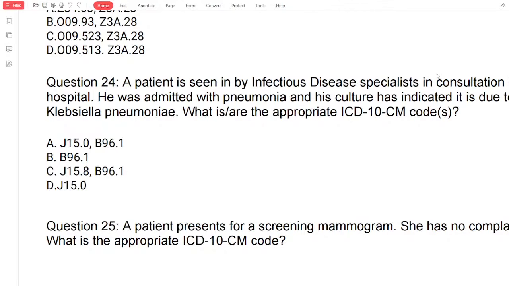D is the correct answer. J15.0. Can you just check the code, dear? J15.0 is the correct answer. Yeah, correct, Gauri. Correct answer, dear. D is the correct answer. Yeah, Mohini also correct, dear. D is the correct answer. Very good.